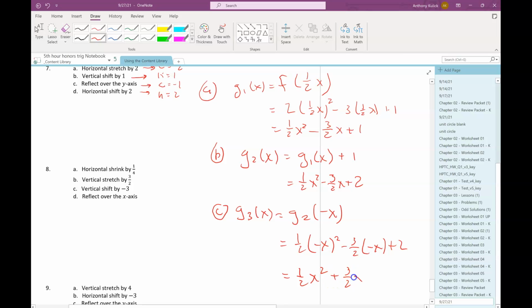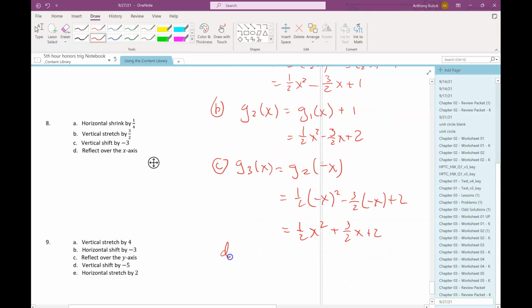A negative and a negative is a positive, and then still the +2. And then my last step, previous step, but I'm going to plug in x minus 2.